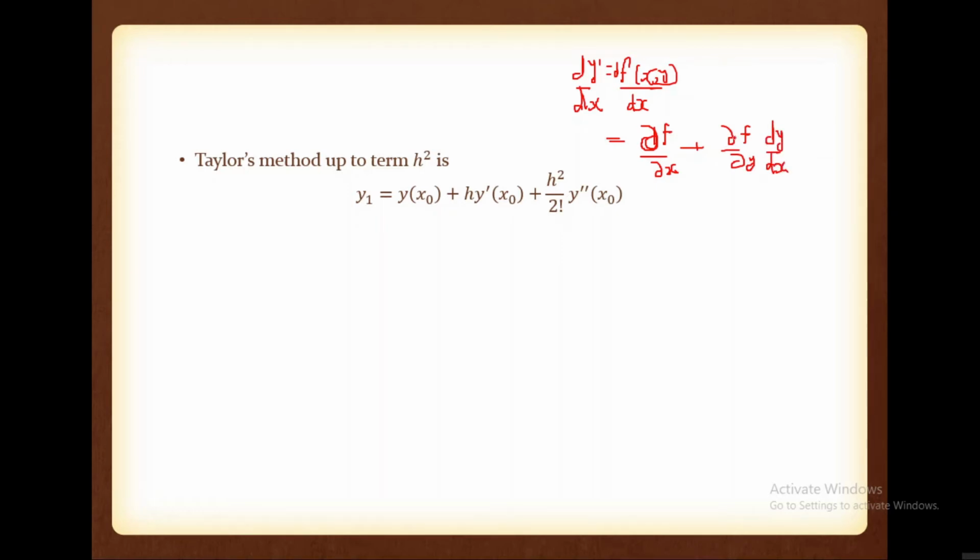Is it okay? So this is dy dash by dx. So we can find it, then substitute x equal to x0 and y equal to y0 into that equation. So it will give y double dash of x0.